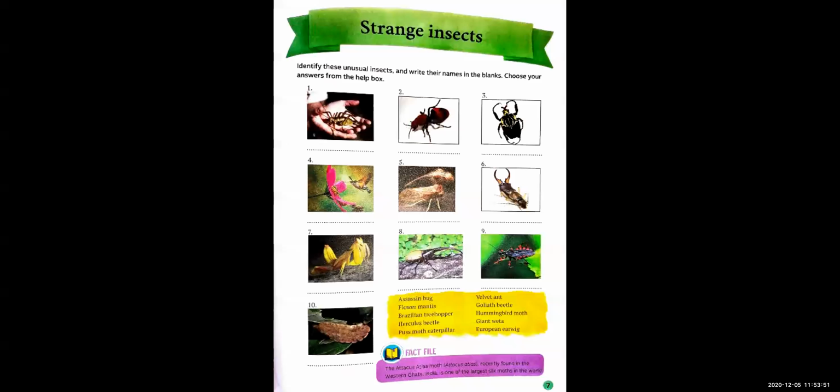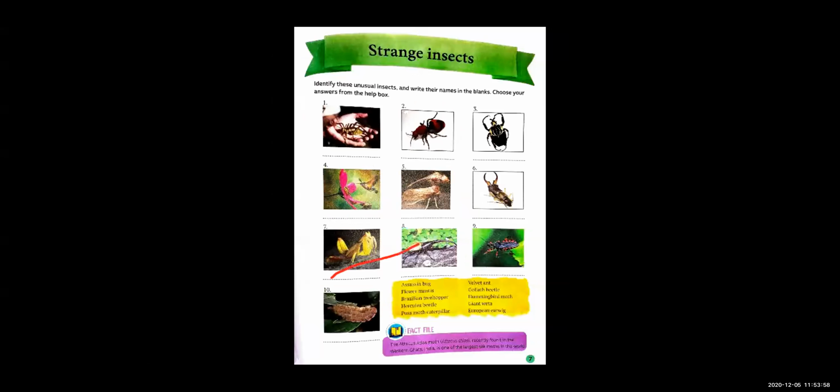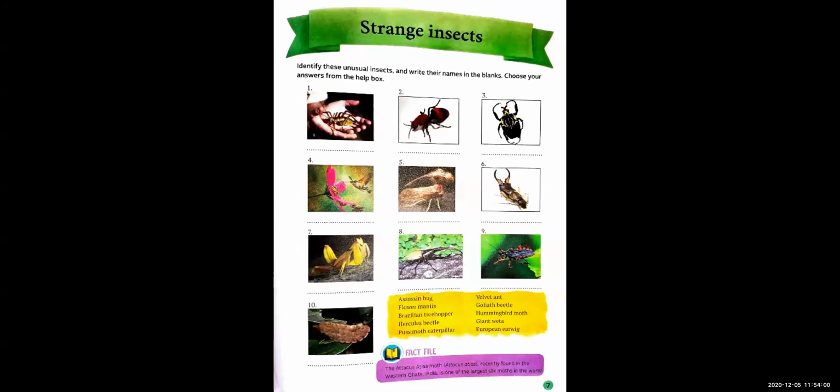So let's move to the identification of the pictures. The first picture we have already identified, that it is a giant weta. Now let's move to the second picture. If you see the second picture carefully, it looks like an ant, but you can see some velvety texture on it, right?